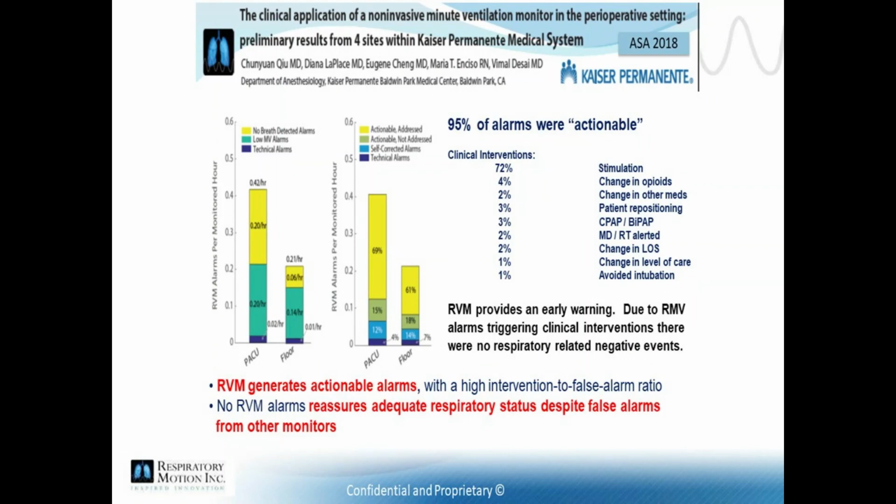ExSpiron alarms are real, accurate, and actionable. 75% of the time, low minute ventilation was addressed by stimulation or repositioning with or without incentive spirometry. Some other actions taken included CPAP, BiPAP, opioids, and changes to the patient's level of care.